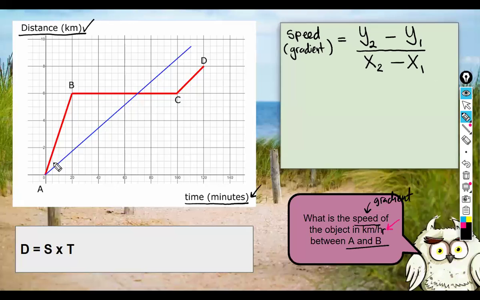So they ask us for the speed between A and B. So we should get the coordinates first. I'm going to do something slightly wrong first. The coordinates of A, well, that's the origin. That's 0, 0. And for B, the coordinates is what? The x coordinate is 20.